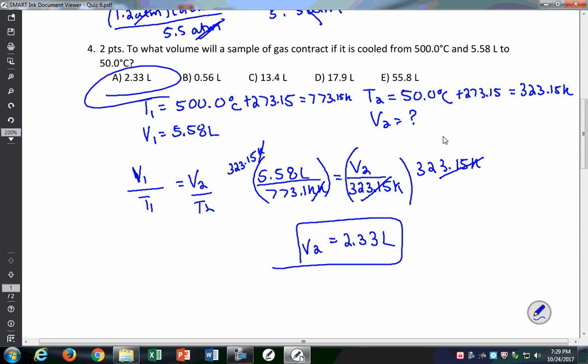Which makes sense, it should be smaller because we compressed. And it told us that we were contracting. So we really could have left out C, D, and E because it told us the volume was going to be less. So using some common sense for these will help you from making a simple mistake. Think about what's happening.